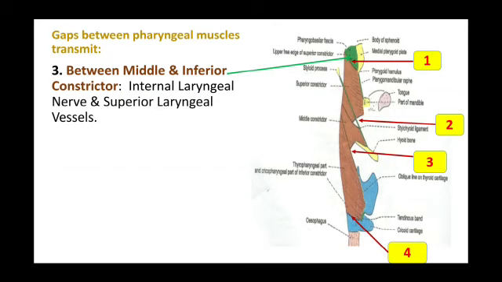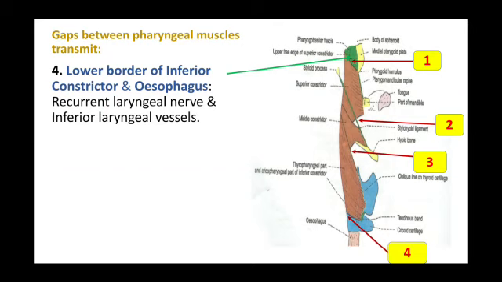The structures passing are the internal laryngeal nerve and the superior laryngeal vessels. The structures passing at the lower border of inferior constrictor muscle and esophagus are the recurrent laryngeal nerve and inferior laryngeal vessels.